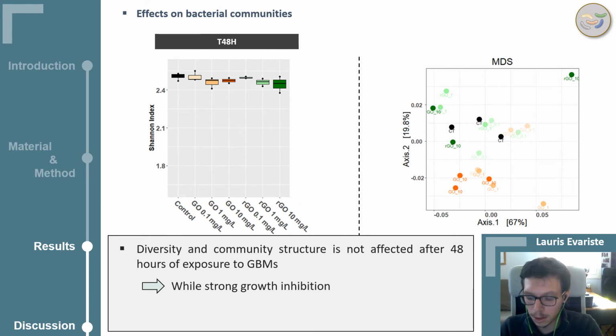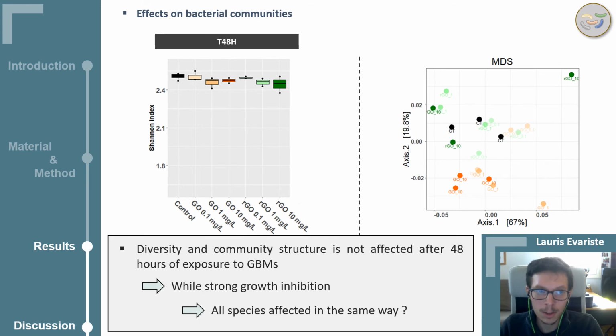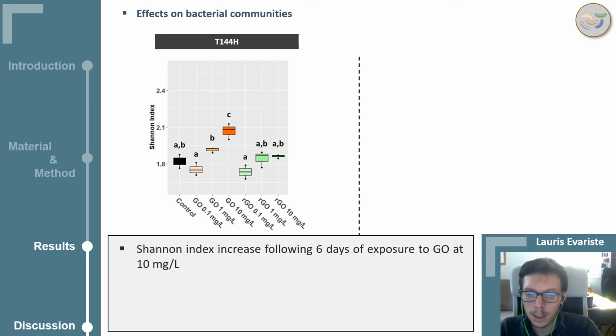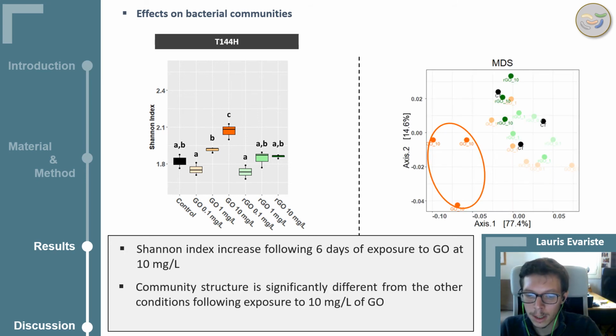So this suggests that all the species are affected in the same way, so there is no resistance associated to specific species after 2 days of exposure. However, after 6 days of exposure, we can note an increase of the Shannon index following exposure to GO at 10 mg per liter. And the community structure was also significantly different in this condition compared to the other ones.